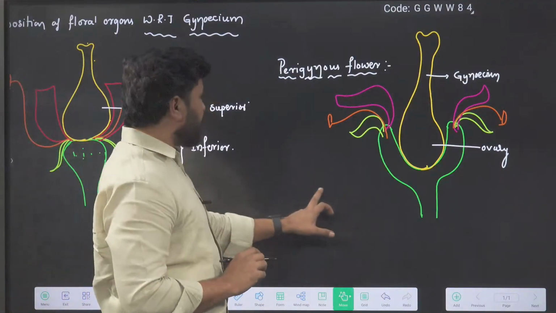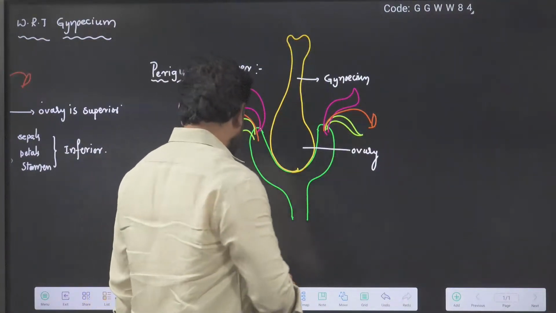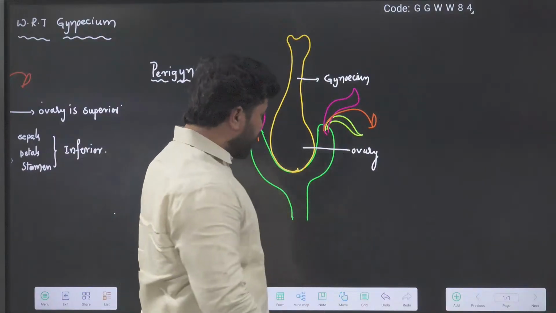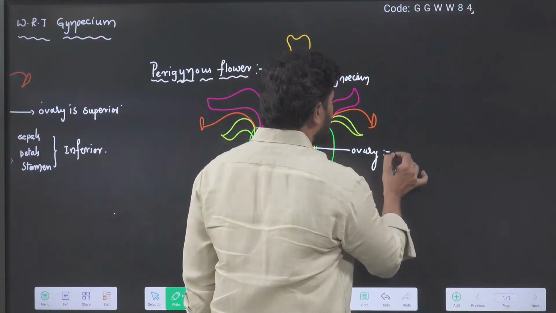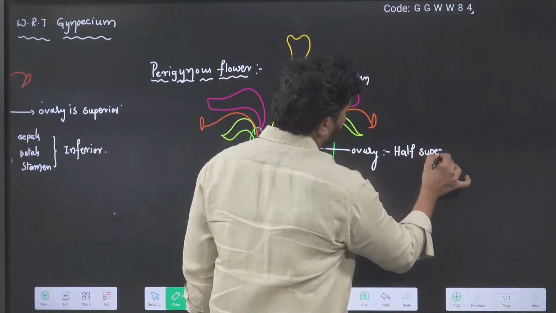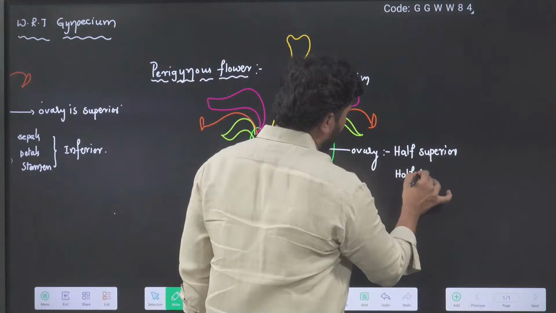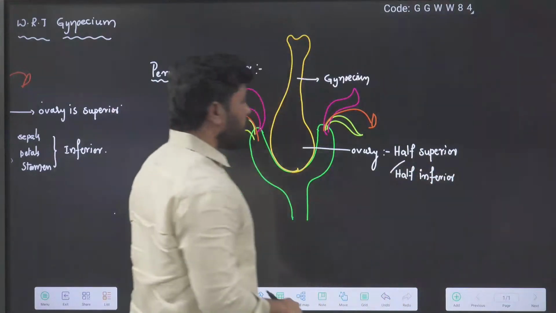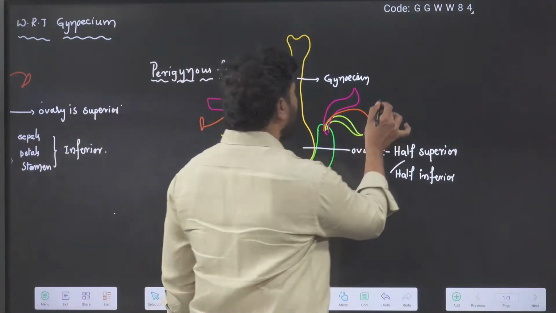If a question arises in a perigynous flower, where are the floral organs? Are they inferior? Are they superior? What is the condition? Let me confirm. The ovary of a perigynous flower will be half superior, or you can say half inferior. Either way you are correct. The same word will be applied to floral organs also.